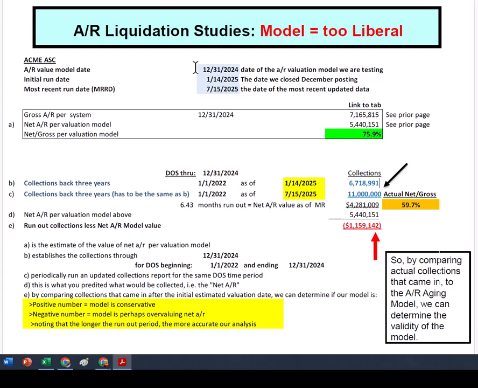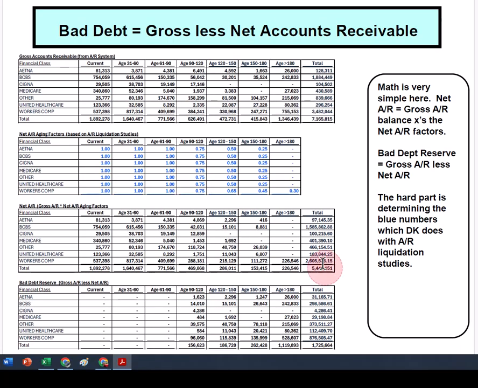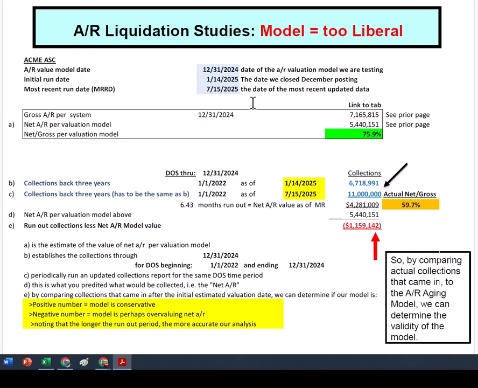Then auditors come in, they want to validate my 5.4 million on the balance sheet. I run a collection report, same dates of service, January 1st of 22 through 12/31 of 2024, but I run it as of 7/15.